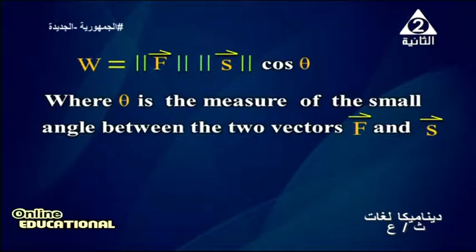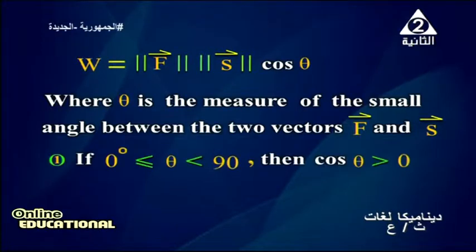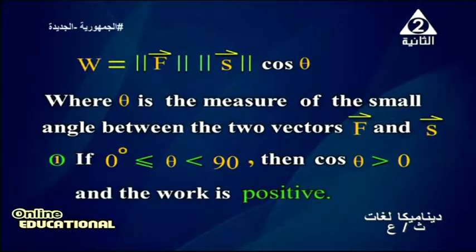Now, dear students, we must note that if 0 is less than or equal to theta, which is less than or equal to 90 degrees, then cosine theta is greater than 0, and the work in this case is positive.